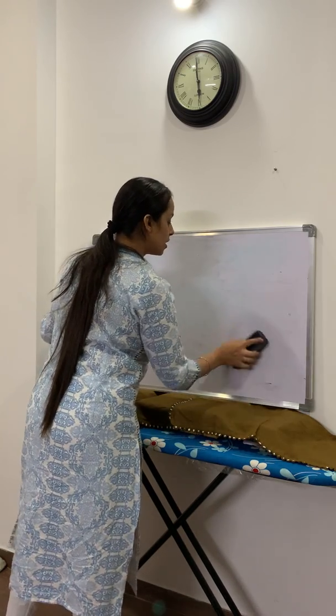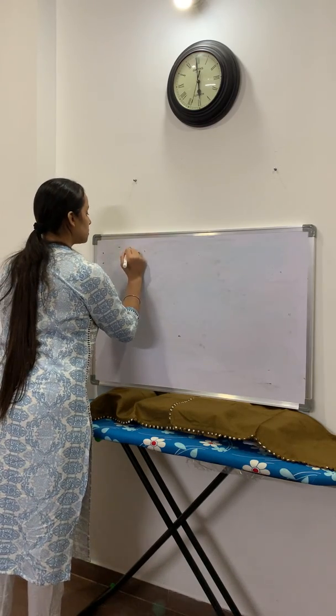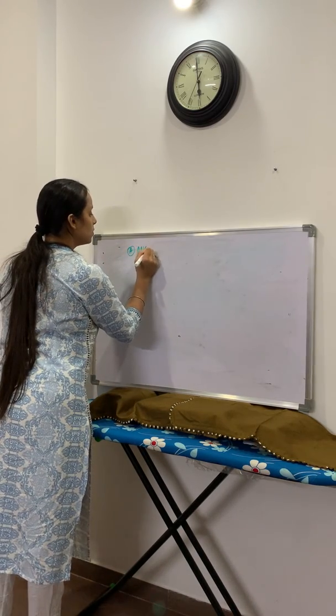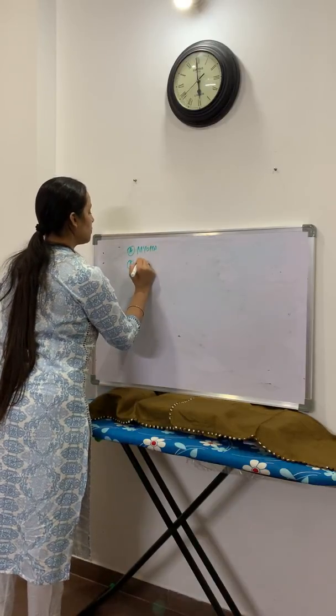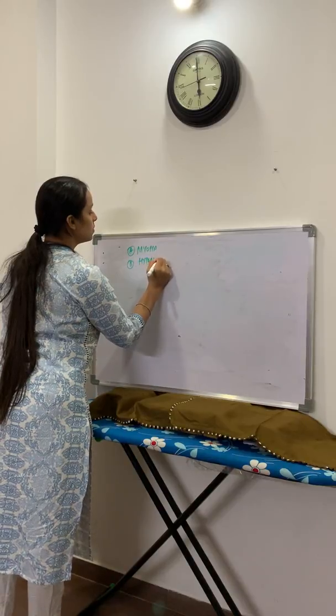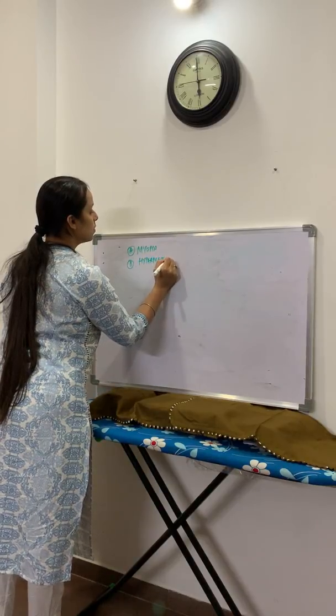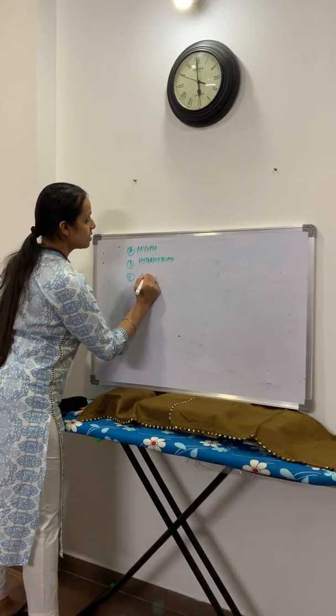So what are these refractive errors? The first one is myopia. The second one is hypermetropia. The third one is astigmatism.